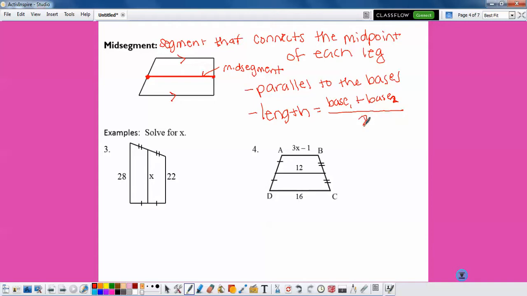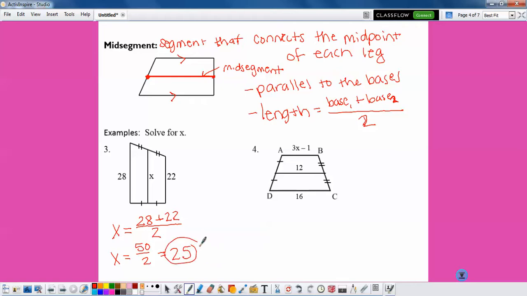It's the average of the bases. So in example number 3, base 1 is 28 plus the second base of 22 over 2. 28 plus 22 is 50 over 2, which means our midsegment is 25.